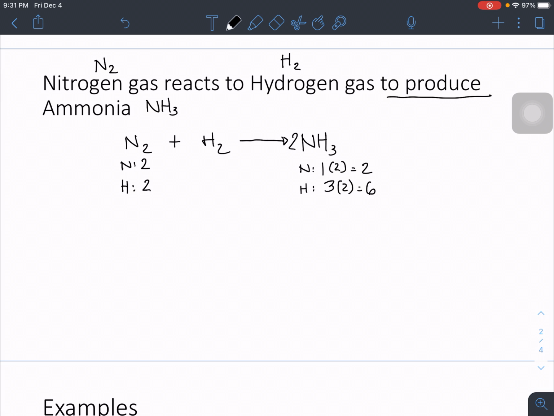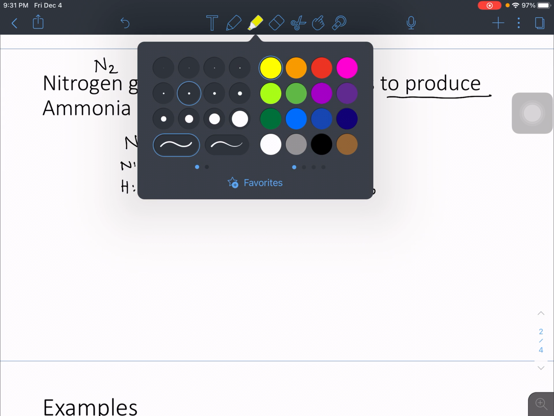So in order to balance this, I will be placing 3 as the coefficient on H2, and this will multiply 3 to all the hydrogen atoms. So we have 2 times 3 equal to 6. Hence this will be our balanced chemical equation.